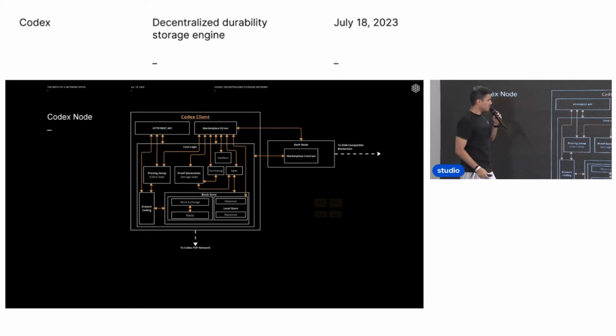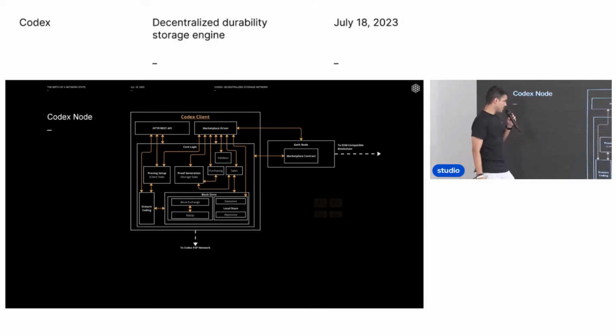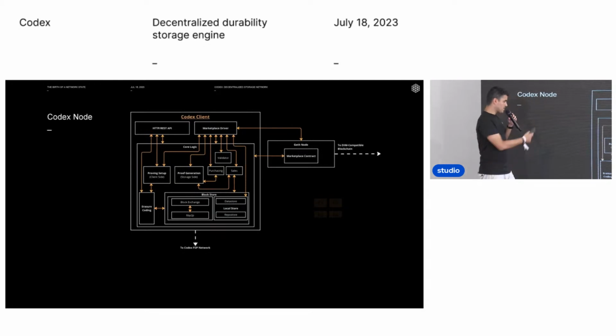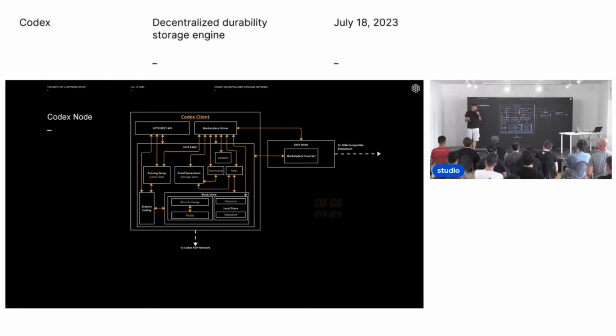Then here in the center, you have the core logic. You have the proving setup on the client side. You have the erasure coding module. Then you have the block store, which has many components like the block exchange, and libp2p to be able to communicate with other nodes. You have the data store, the local store repository, and you communicate through the network with the other nodes through libp2p.